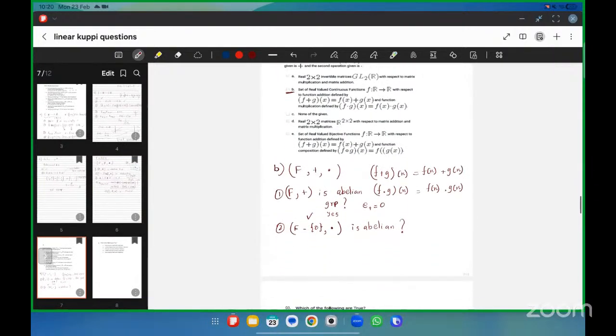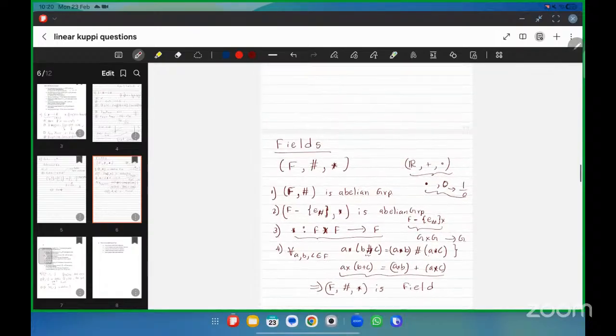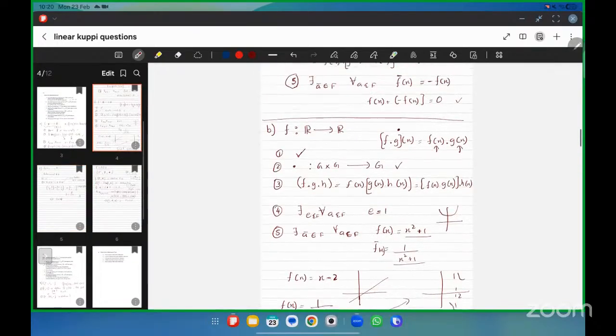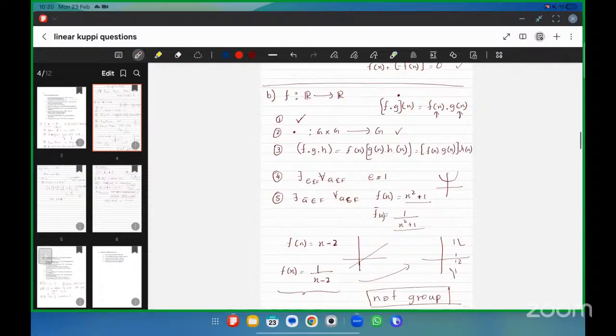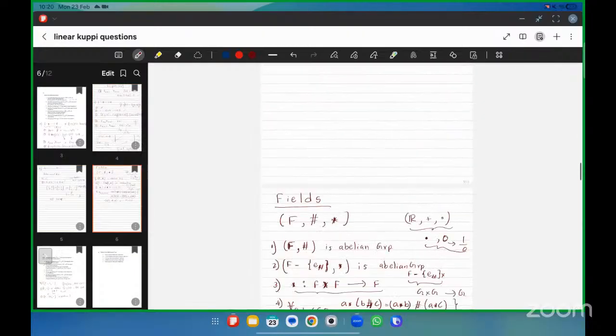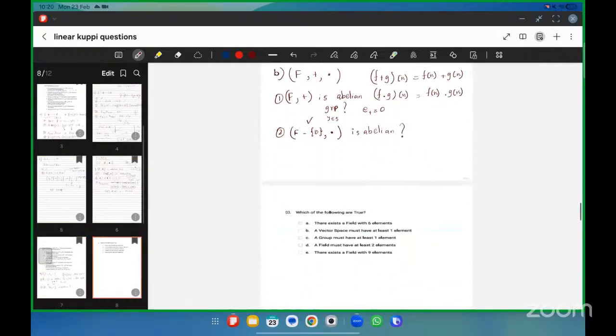So now we are checking whether the second one is an abelian group or not. Previously we checked whether it's a group or not. We checked it is not a group from question 1.